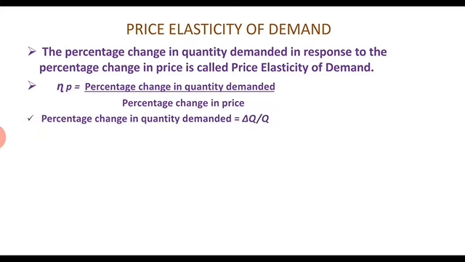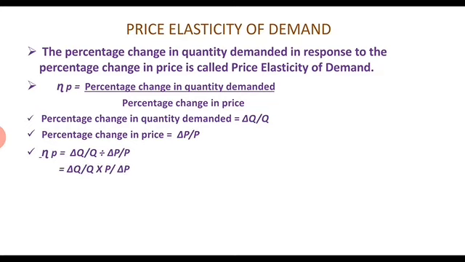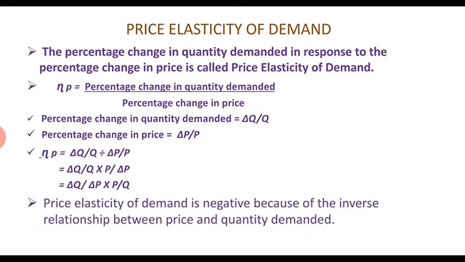Percentage change in quantity demanded is delta Q by Q. Percentage change in price is delta P by P. So eta P is equal to delta Q by Q divided by delta P by P, which is equal to delta Q by Q into P by delta P, which is equal to delta Q by delta P into P by Q.